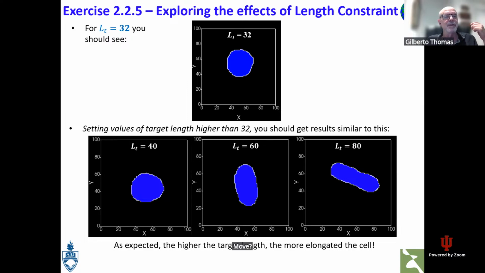Put the code to run with those different values and see if you get those shapes. With length equals 200, of course, the cell is bigger than the grid. So it sticks to the border of the grid, and it splits into parts.